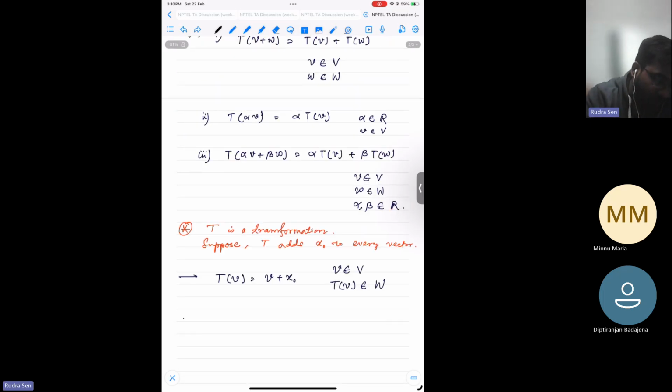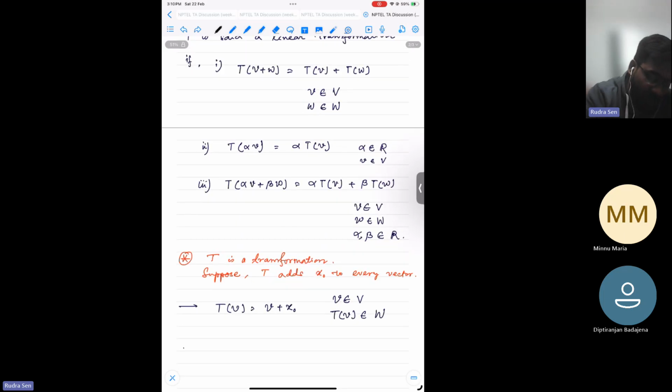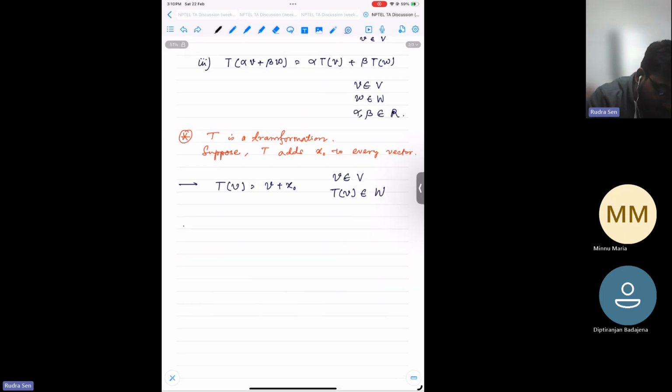The first thing we have to check. Okay, so we have two vectors. Let's say U belongs to capital U and V belongs to capital V are the two vectors.